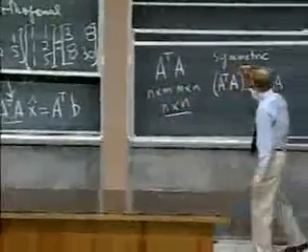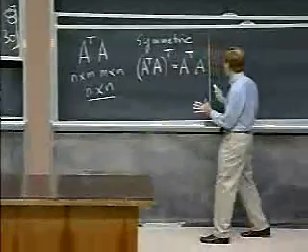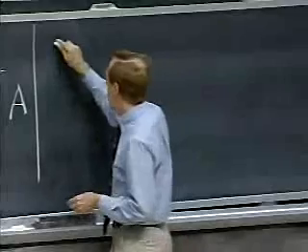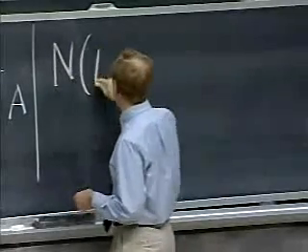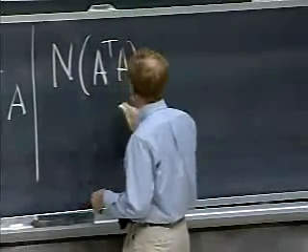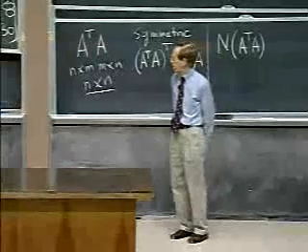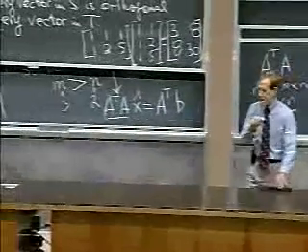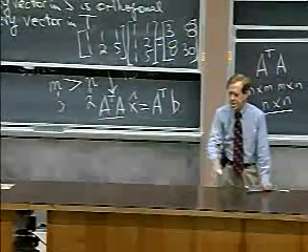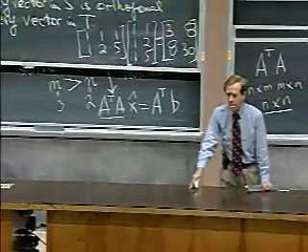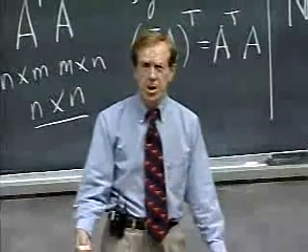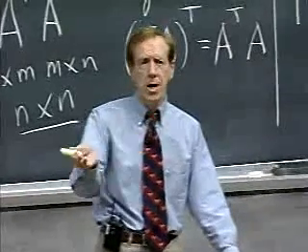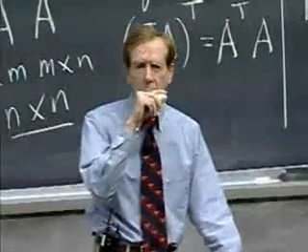So here's the key point. A transpose A is not always invertible. I can't say A transpose A is always invertible, because that's asking too much. What could the matrix A be, for example, so that A transpose A was not invertible?